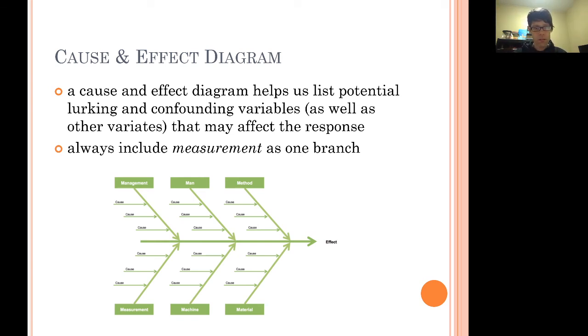And one big thing to think about as we work through cause and effect is we always want to put measurement as one branch and think about how measurement may affect our overall data as well. And we'll talk about that as we start to create a cause and effect diagram. But the idea is to brainstorm a bunch of different confounding and lurking variables and then collect them all under one heading.